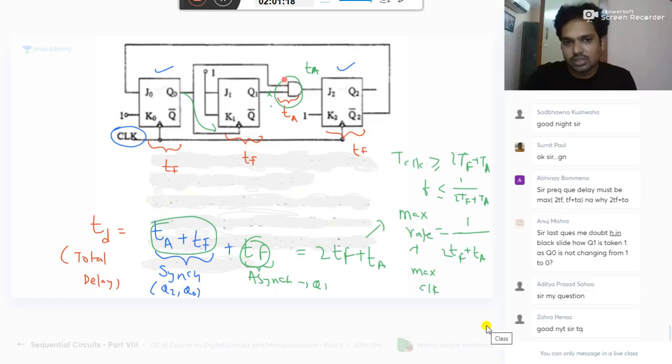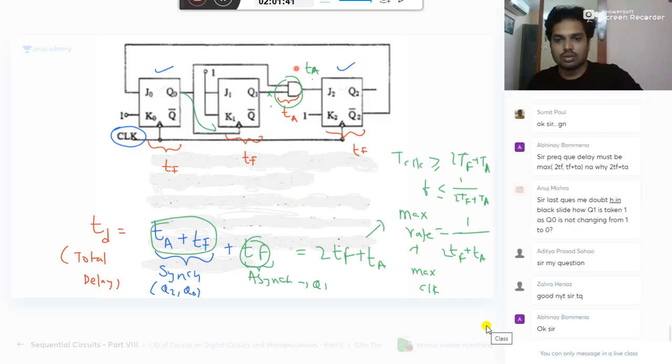First your some value is there. AND gate requires one TA. When you apply the clock, these two flip-flops will change at a time. So TF. Once they change, this input will go, so this will change another TF. Then you can give the next clock because your inputs are ready. First question is clear.